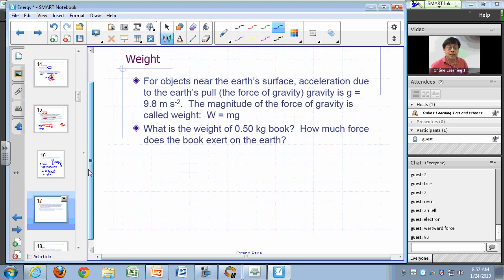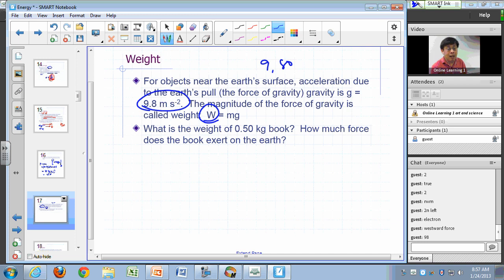For objects near the surface of the Earth, the acceleration due to the Earth's pull is known as the acceleration due to gravity, as I mentioned earlier. It's about 9.8 meters per second squared. You can probably get a little bit more sig figs there, 9.80. And the magnitude of that force of gravity is what we call the weight of the object.